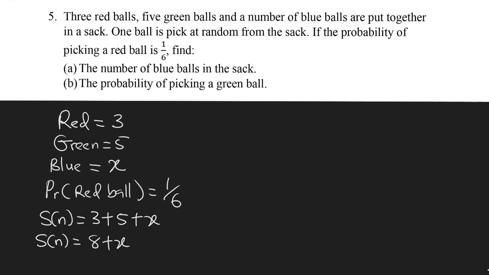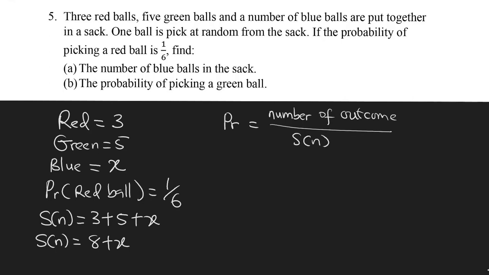Because the information of red ball is complete. So we know that the probability formula is probability equals number of outcome over sum of number space, right?